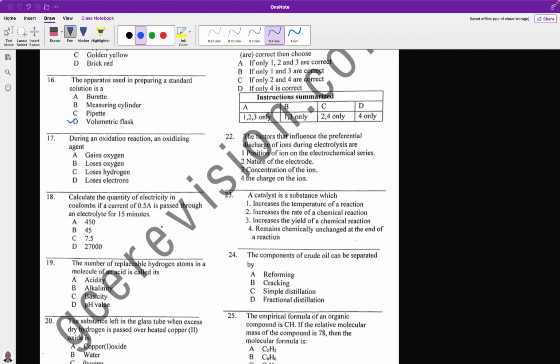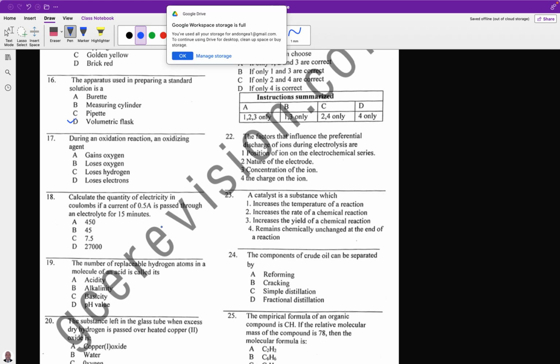Remember that oxidation is loss of electron. Oxidizing agent is gain of electron or hydrogen.